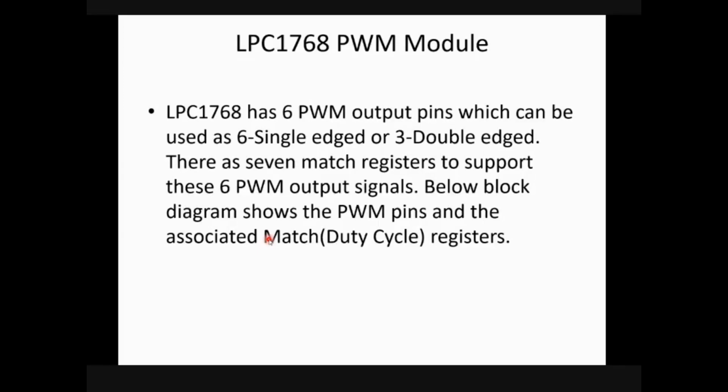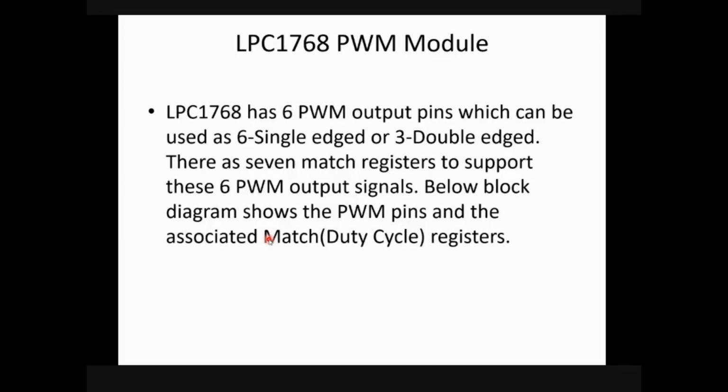Totally 7 match registers will be there. Out of the 7 match registers, 1 is common, which will be holding the total time period, whereas the other 6 match registers are dedicated to each PWM. These 6 PWM output signals will be either single-edged or double-edged signals.